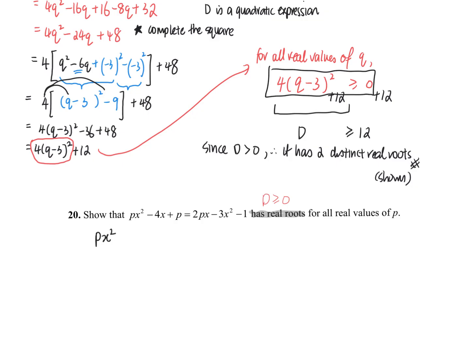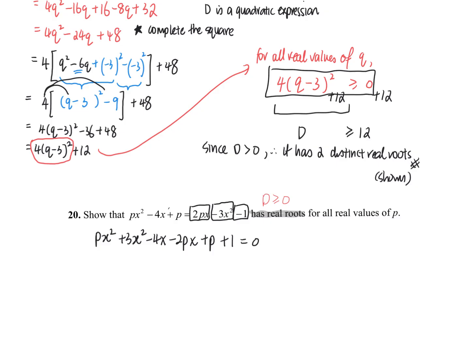So px squared, I want to group my 3 over. So plus 3x squared. Then the next one is minus 4x. I like to group these together when I bring over. And then I have my p. I like to bring this over, plus 1. So I group my x squared, my x, and my constant term together. Do you have to factorize? Up to you.